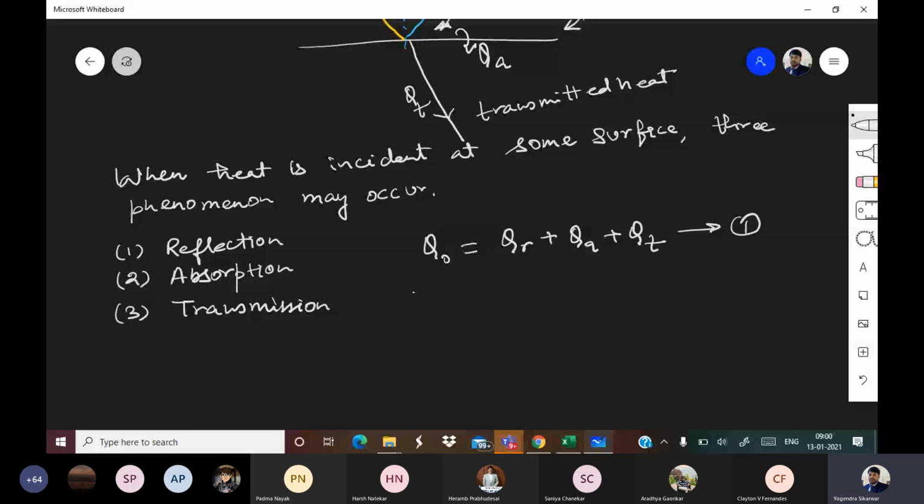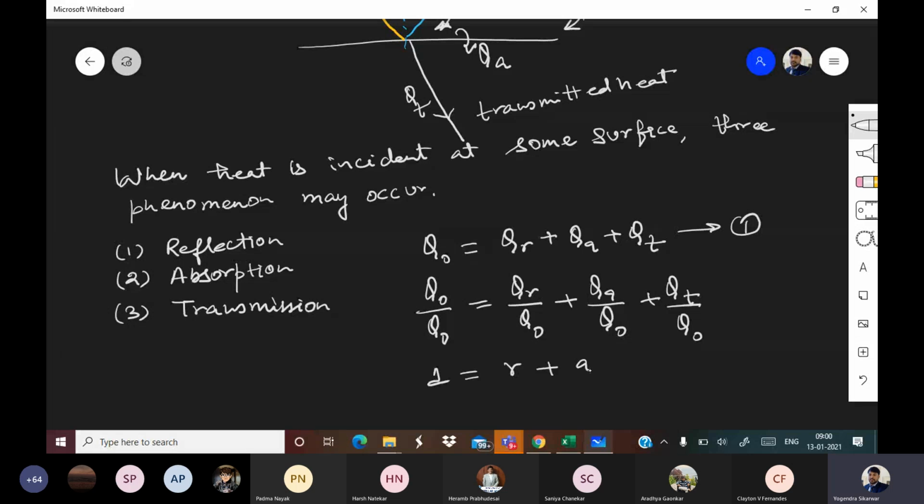If we divide this by Q naught, Q naught upon Q naught is equal to QR upon Q naught plus QA upon Q naught plus QT upon Q naught. So 1 is equal to R plus A plus T.